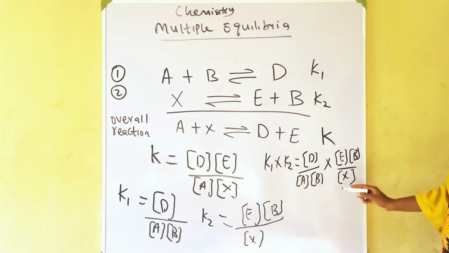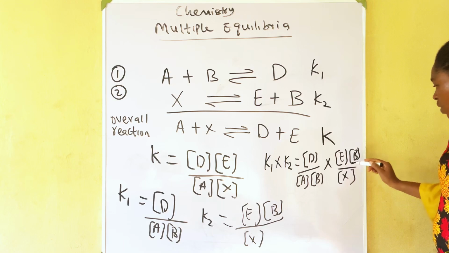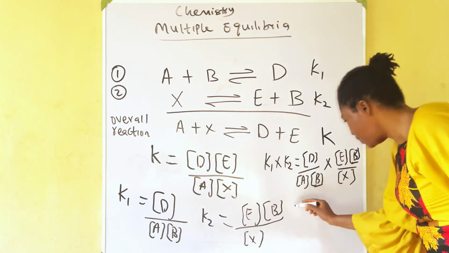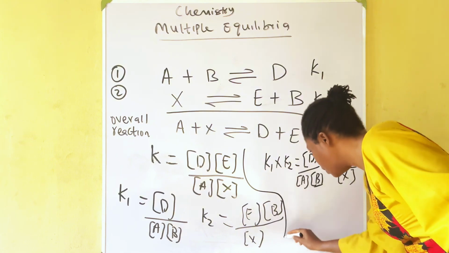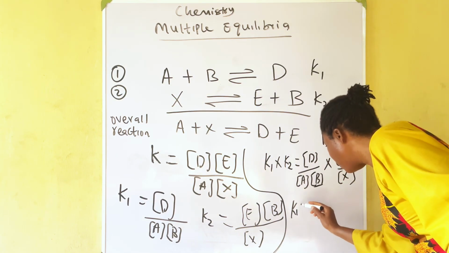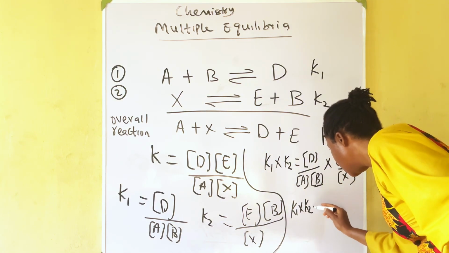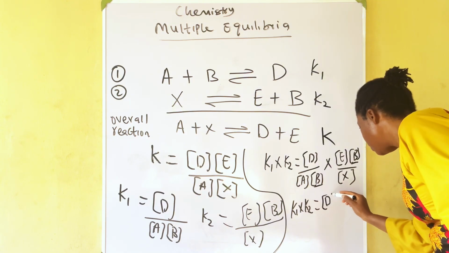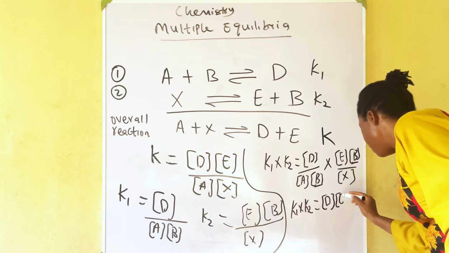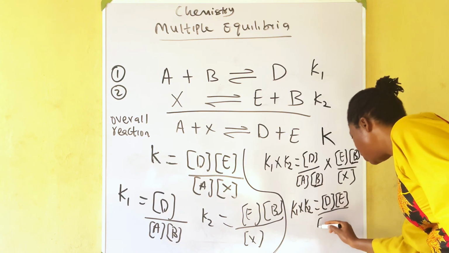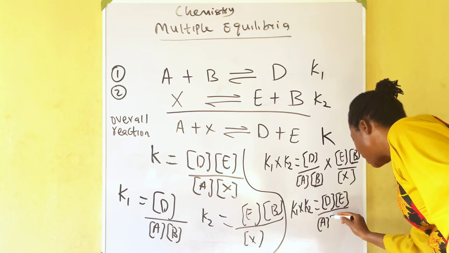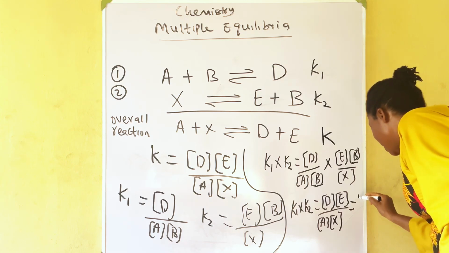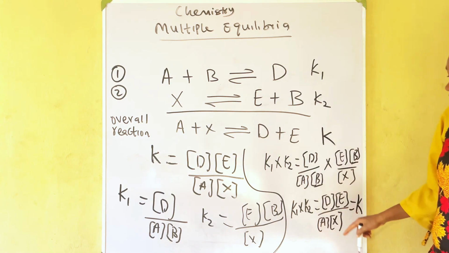We are going to eliminate B. So B will cancel B, and you are left with K1 times K2 equals the concentration of D times the concentration of E divided by the concentration of A times the concentration of X, which is equal to K. That's what we have here.